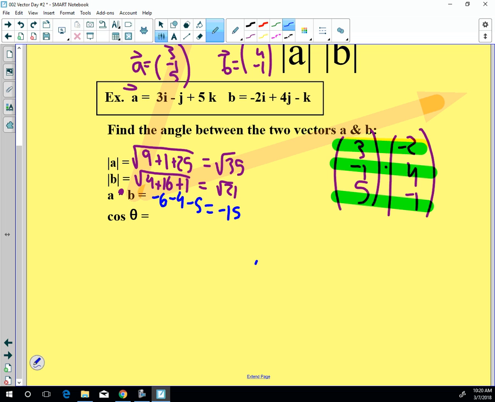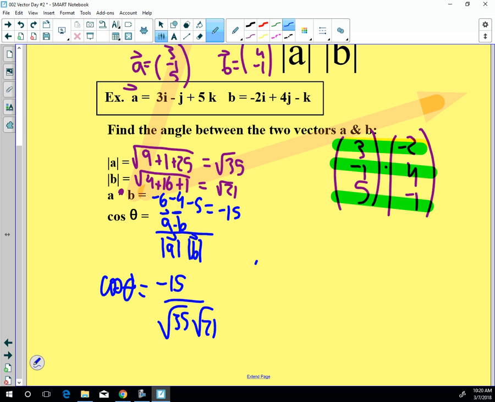So to find the cosine, it's the dot product over magnitude of A, magnitude of B. So the cosine of theta is -15 over square root of 35, square root of 21. Ooh, that negative looks bad, doesn't it? Go in your calculators, be in the degree mode, because we want a degree, not a radian answer for this one. And tell me what the inverse cosine of -15 over square root of 35, square root of 21 is.